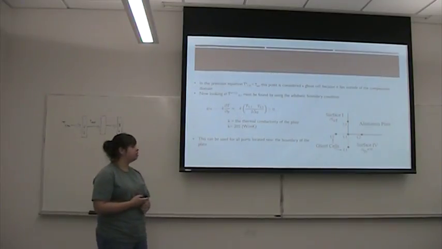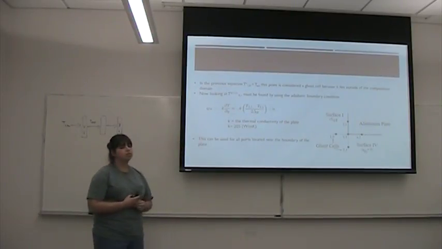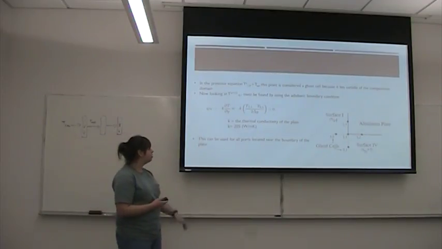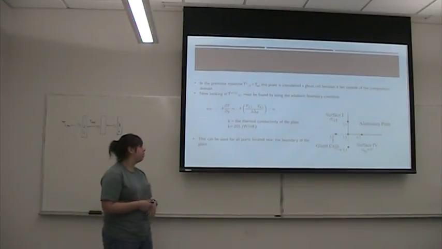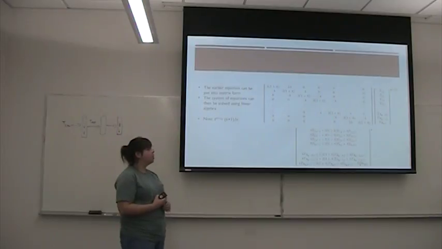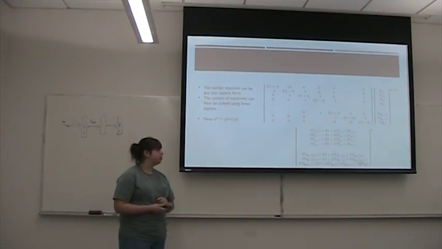It's not the time stuff anymore. And that's going to be for surface 4, so it's going to equal 0. From there we can find the temperature for that ghost cell, and it can be used for all ports located near that boundary. So we can put this into a matrix form and be able to solve it using linear algebra.